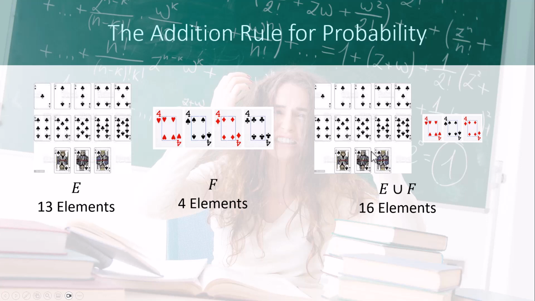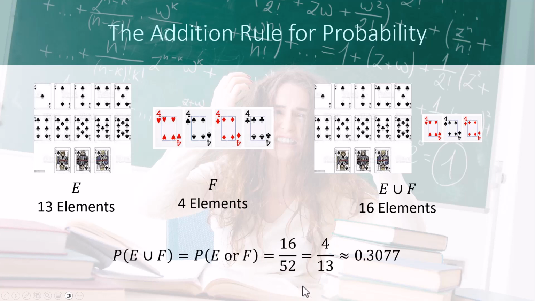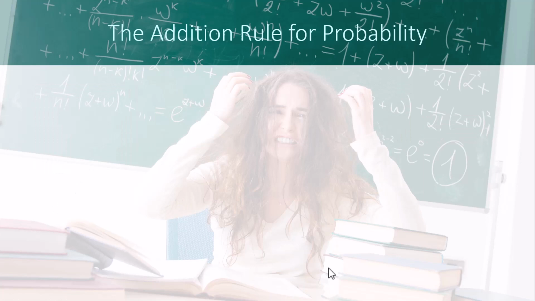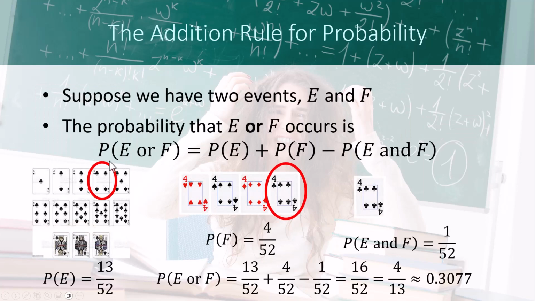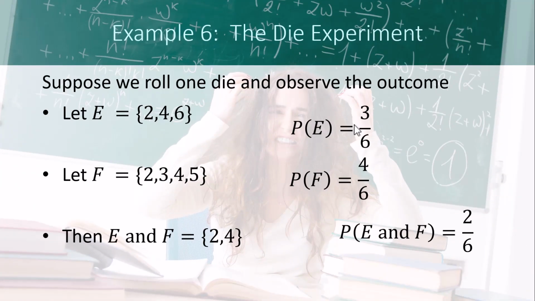So E union F has 16, not 17, elements, and that is why the probability of E union F is 16/52, or 4/13. The main thing is that when you use this particular rule, you need to subtract out those things that are common between both events.